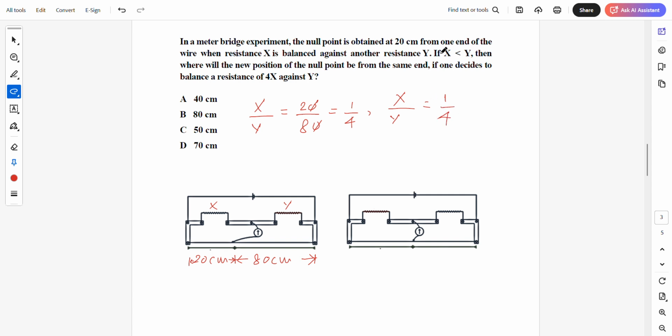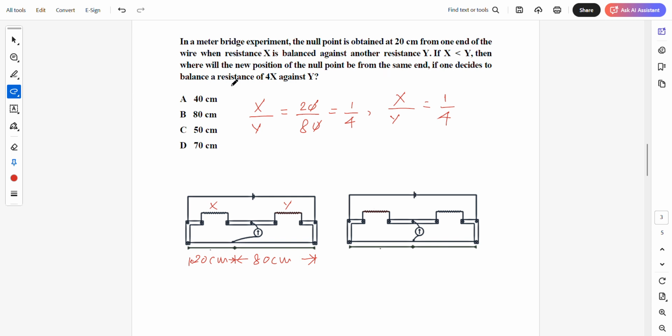From one end of the wire, when resistance X is balanced against another resistance Y, if X is less than Y, then there will be a new position of the null point B from the same end.